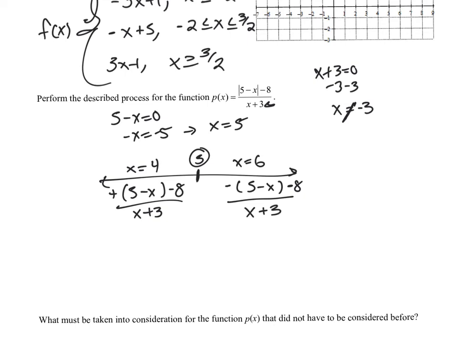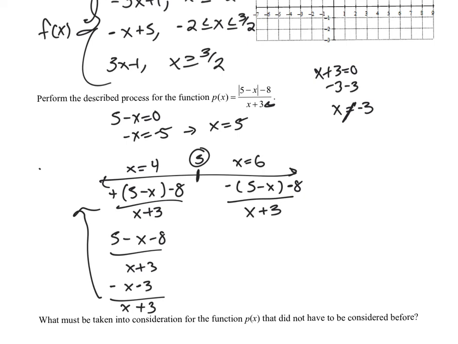And then we just simplify our rational function. So we have 5 minus x minus 8 over x plus 3, which is negative x minus 3 over x plus 3, okay? And then I'm going to move up here so we have more room.